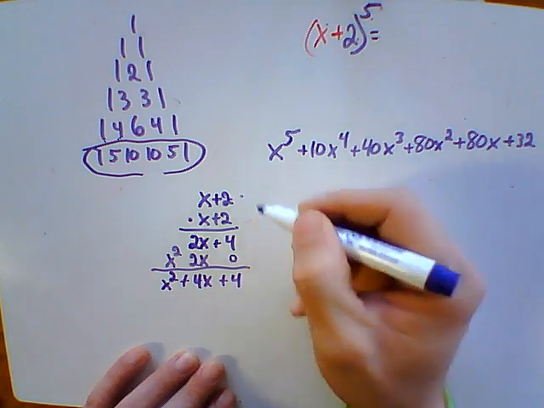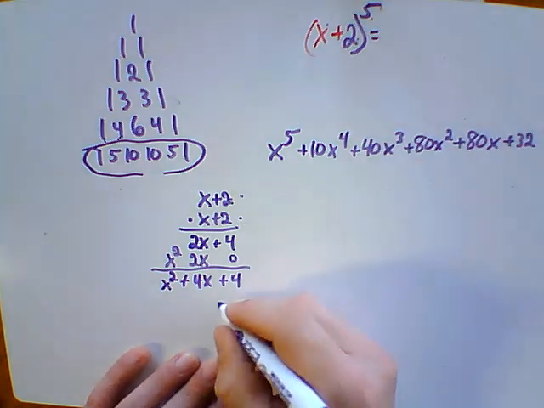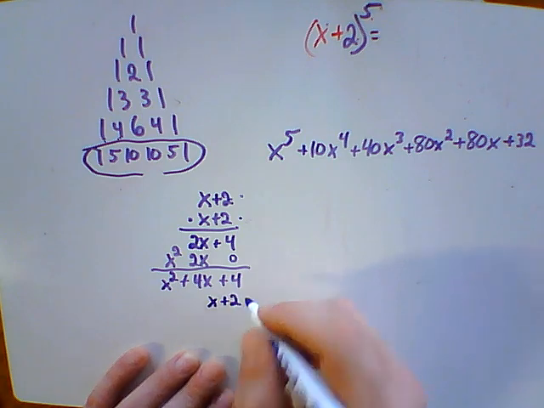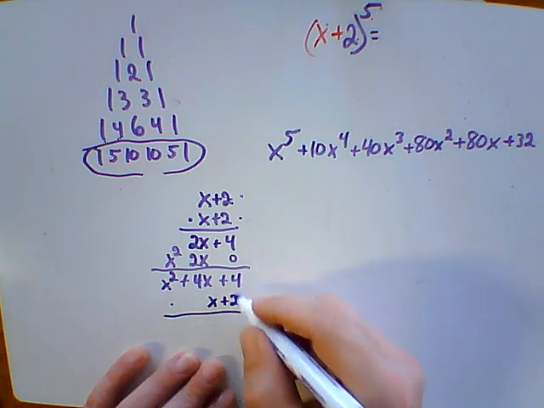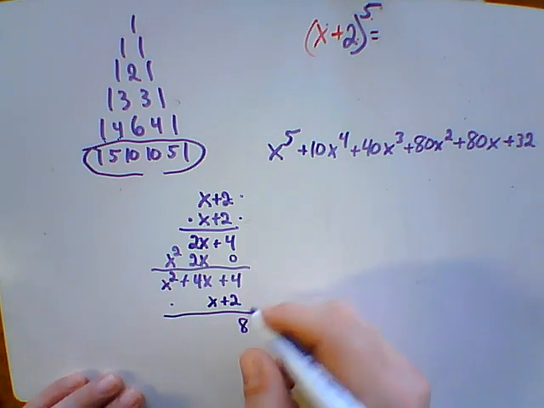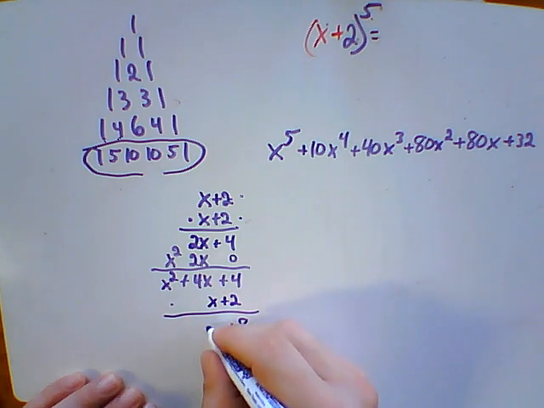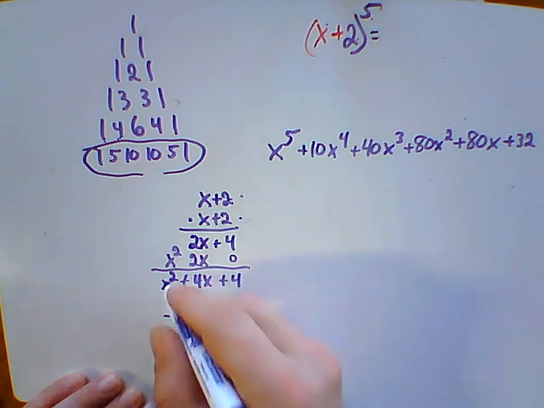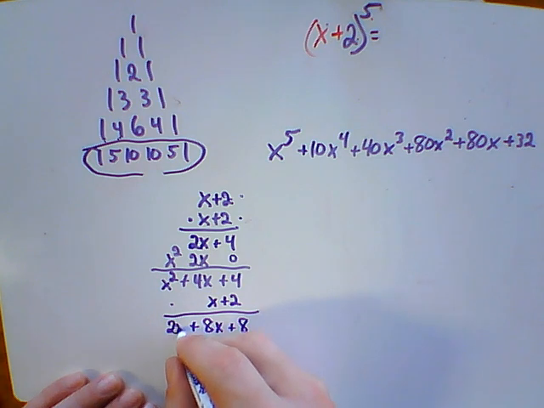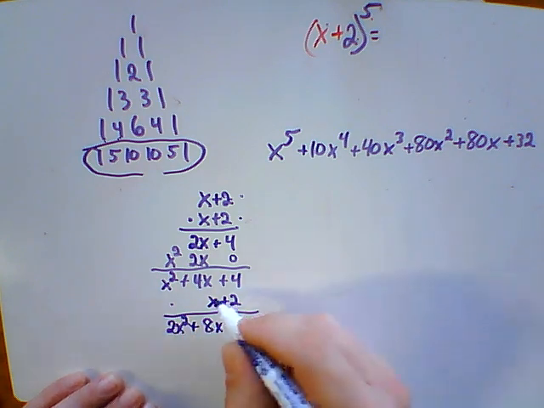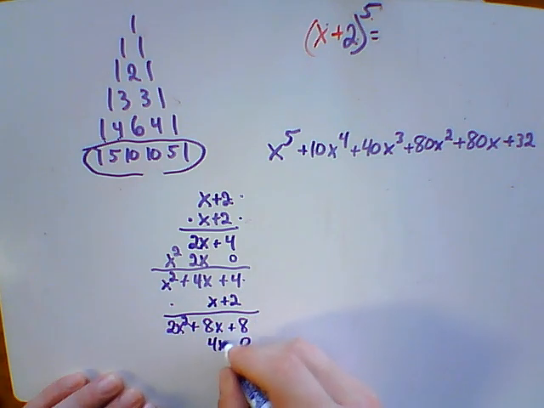All right, now I've multiplied it once, twice, so now times x plus 2 again. 2 times 4 is 8. 2 times 4x is 8x. 2 times x squared is 2x squared. 0. X times 4 is 4x. X times 4x is 4x squared.